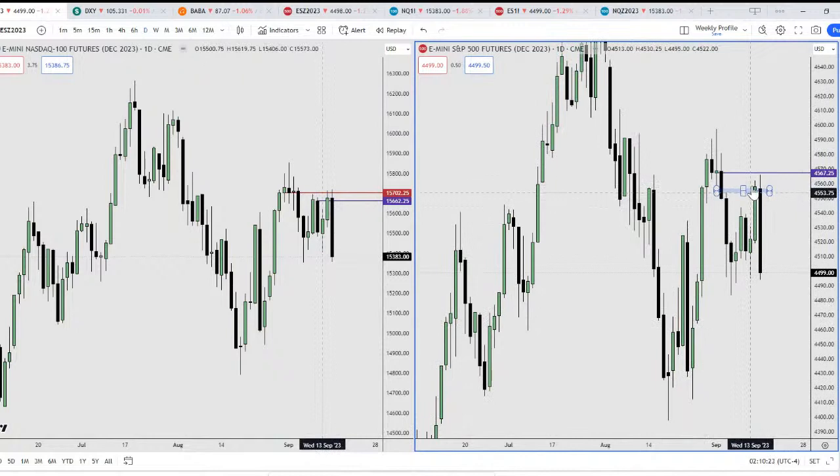So the price is respecting higher time frame bearish PD arrays, and then we are rejecting highs as well. This is on the daily.